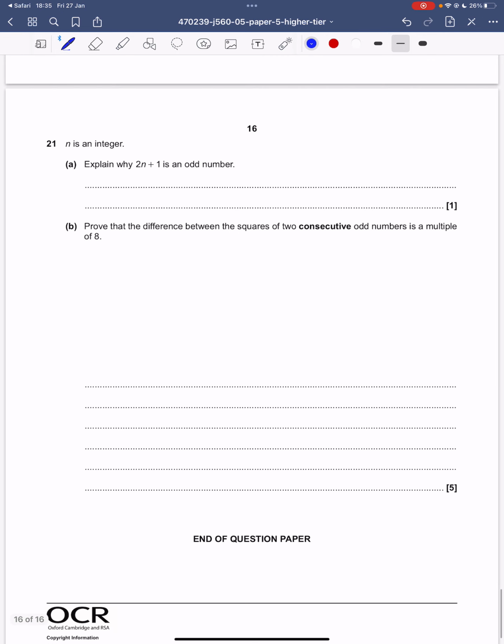One more. n is an integer. Explain why 2n plus 1 is an odd number. Right. If n is an integer, 2 times n is even, regardless of n, because 2n has a factor of 2.